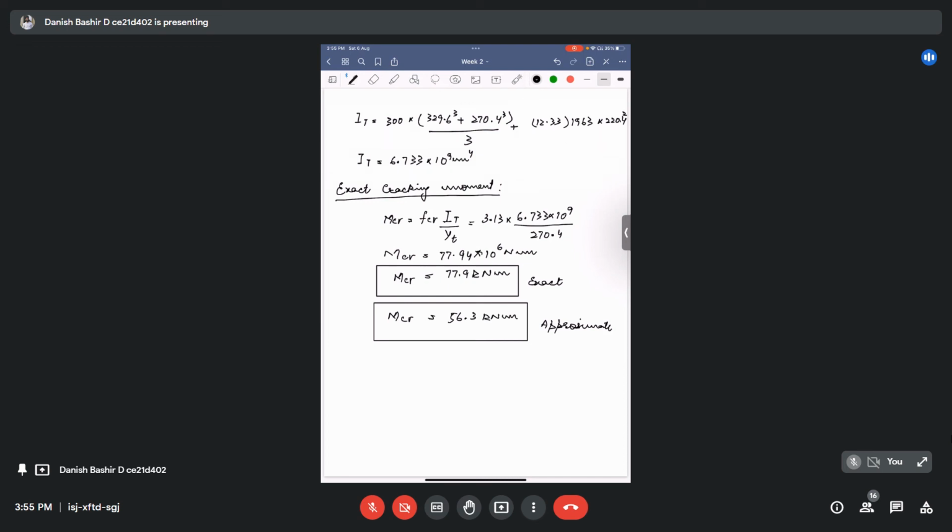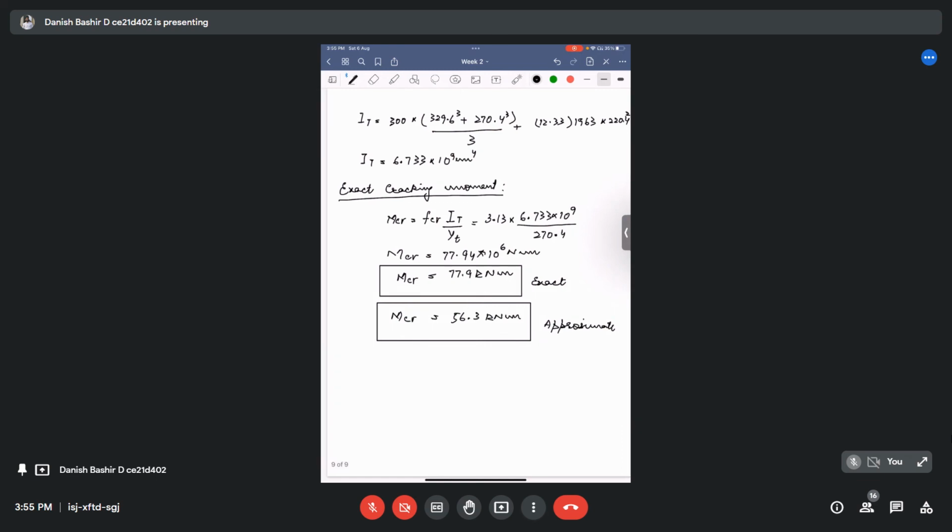The actual cracking moment, when a moment of 77.9 kilonewton meter occurs on our beam section, is when it will have the first crack. From the gross section we were getting 56, which is lesser than the actual value. That is the benefit we get from the transformation: by calculating IT, we get exact values. If we calculate from IG, we get underestimated values, because there we consider the whole cross section.